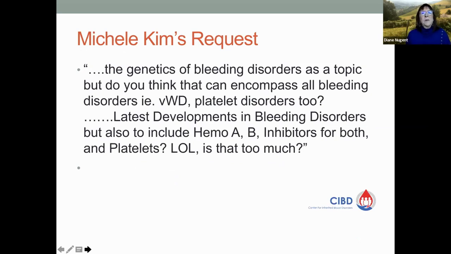So I thought a lot about it, and what I'm going to try to do today is take a step back, because many family members are very focused just on their particular factor deficiency. Sometimes it's hard to understand how your deficiency actually results in bleeding in the context of everything else.